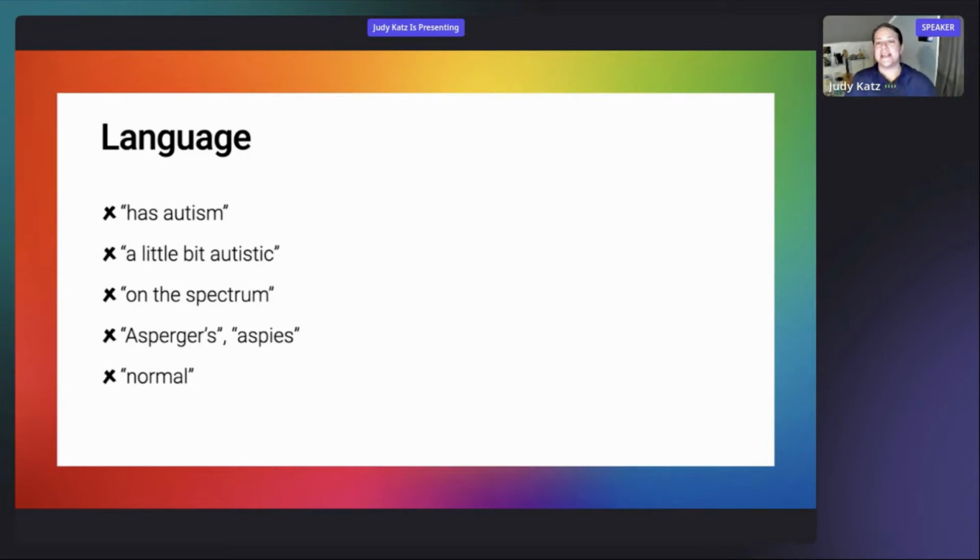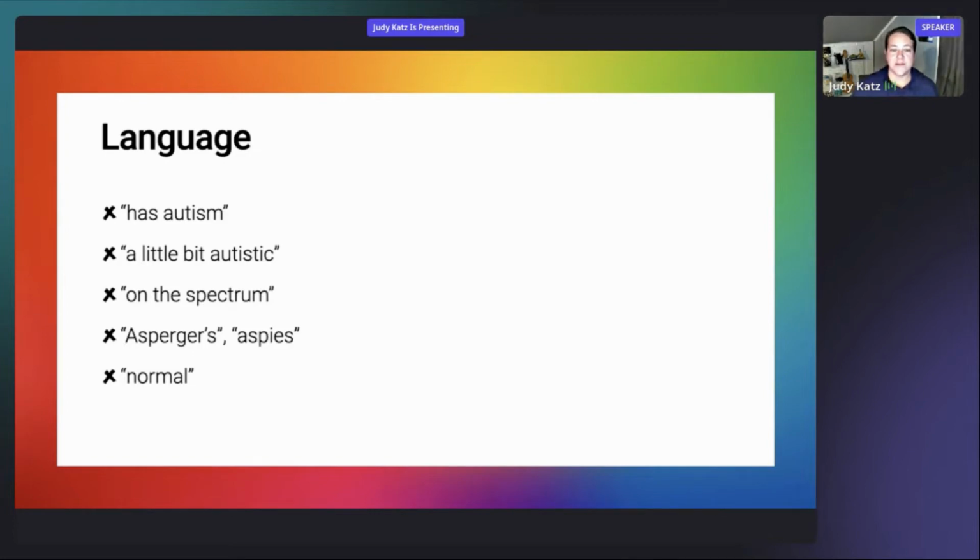It also goes against common disability language, because most disabled communities prefer to use person-first language. Autistics prefer identity-first language. We're not the only ones. The Deaf community also does the same, as my understanding, and it's just a preference.